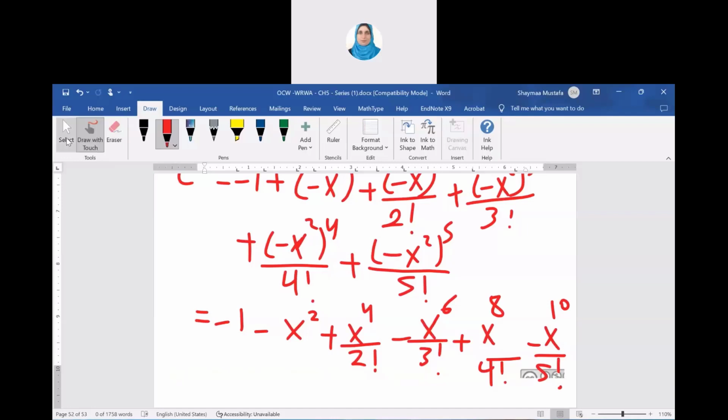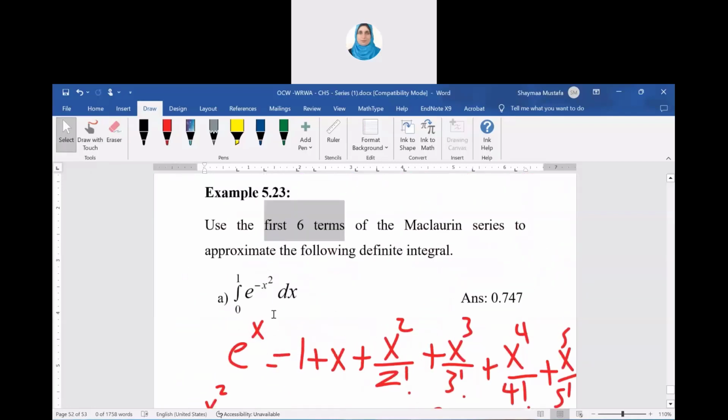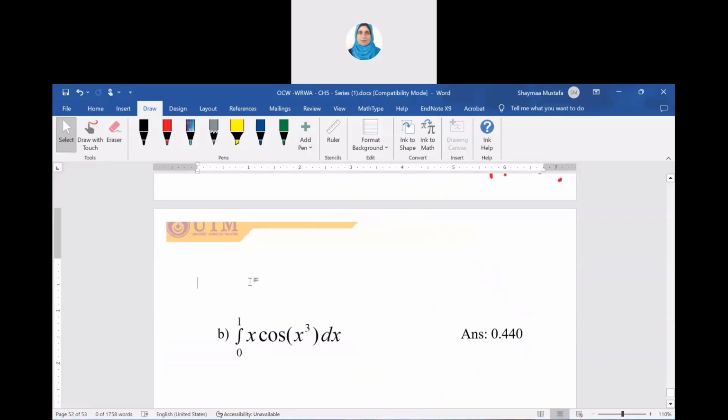Now we need to integrate this value from 0 to 1.